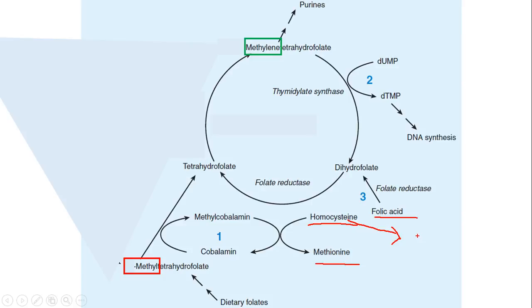So these features cannot be prevented by folic acid substitution. And besides, hyperhomocysteinemia, they say, is also associated with atherosclerotic vascular disease. So these are the two problems of vitamin B12 deficiency. If you substitute with folic acid, the neurological features remain, and maybe hyperhomocysteinemia resulting in vascular atherosclerotic disease.